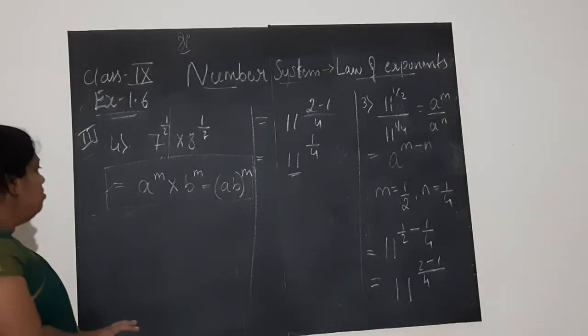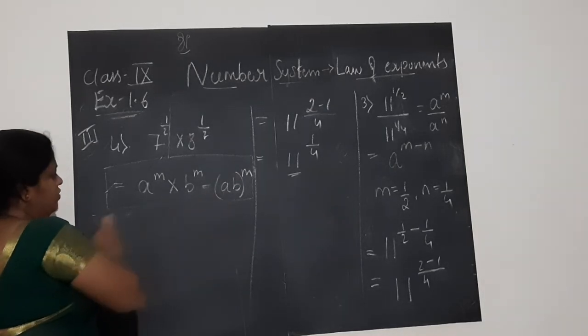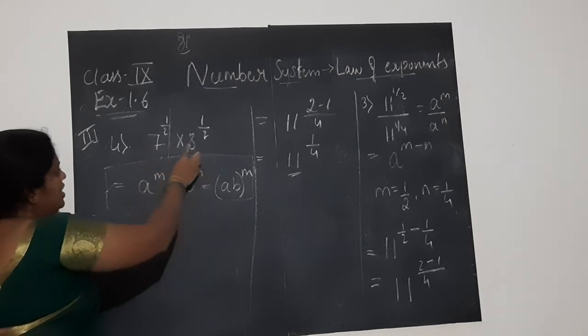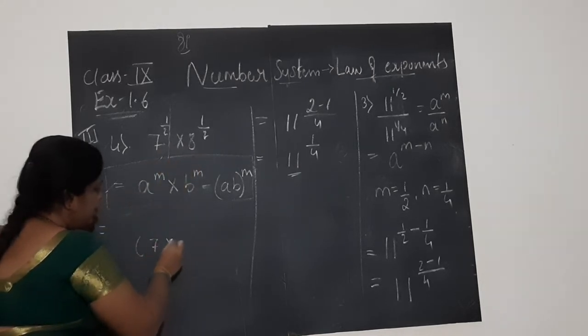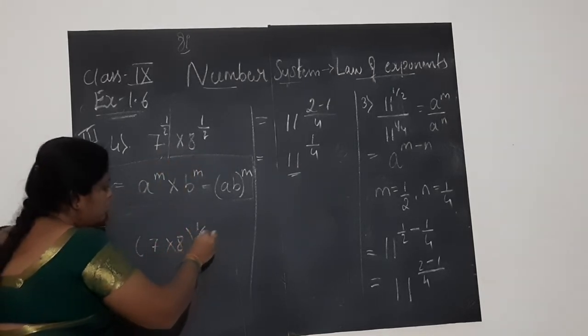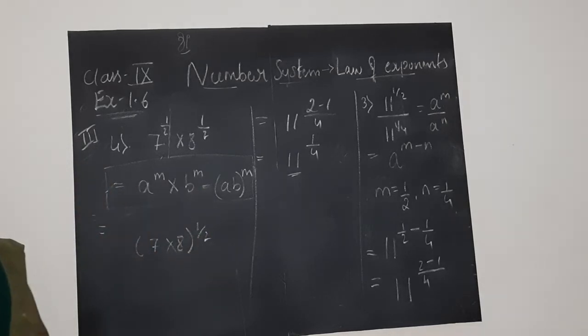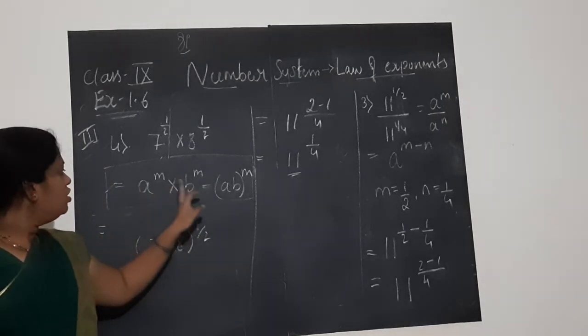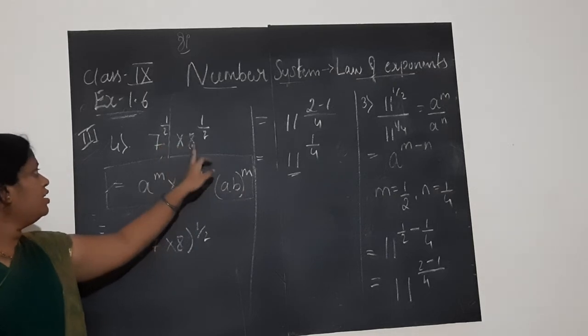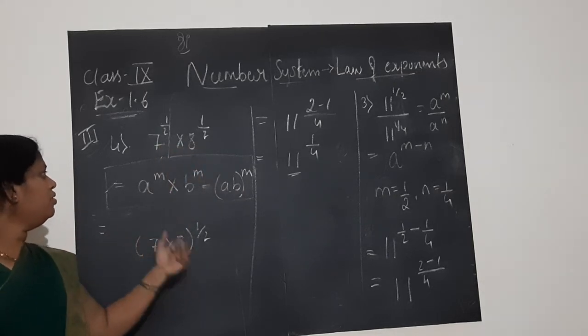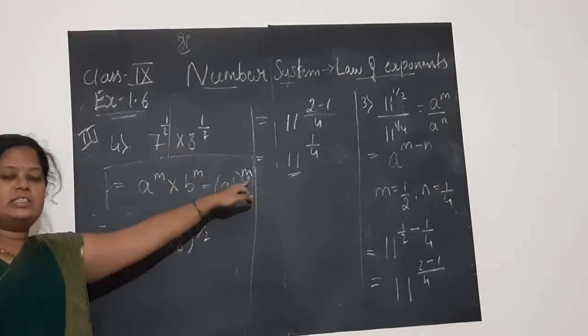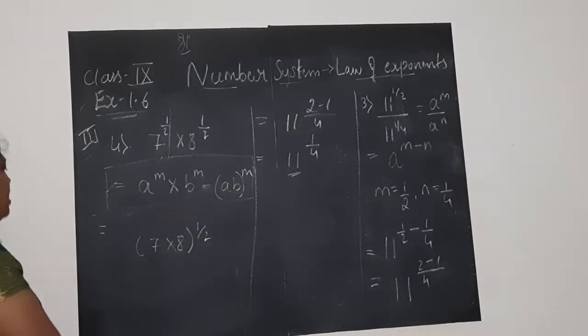Correct? Now, this law of exponent you should remember. A into b means 7 into 8 whole to the power half. What are the bases? A, 7 and B, 8. So 7 into 8, and the power you can write once since it is common, so to the power half.